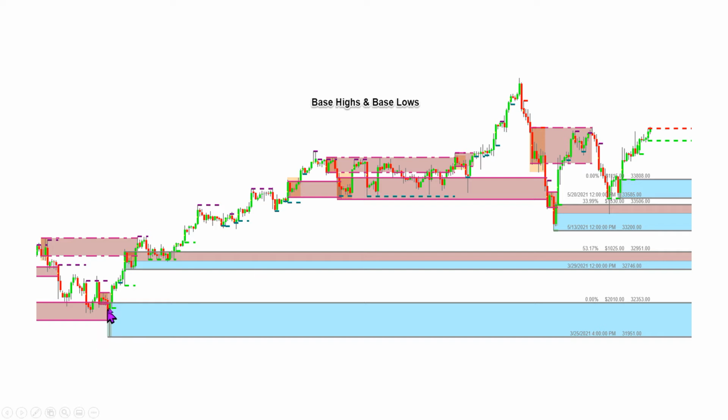And you can see right here that we have a base low that is active and has not been broken. So some people use the base highs and lows in combination with swing highs and swing lows in different ways to enhance their trade plans and when to get in and out of trades.